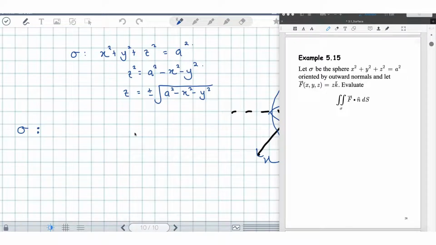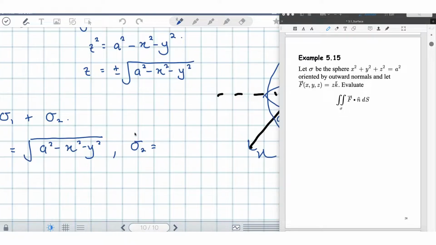The surface is now split into two surfaces, sigma 1 and sigma 2. Sigma 1 is coming from the positive square root, while sigma 2 is coming from the negative square root.